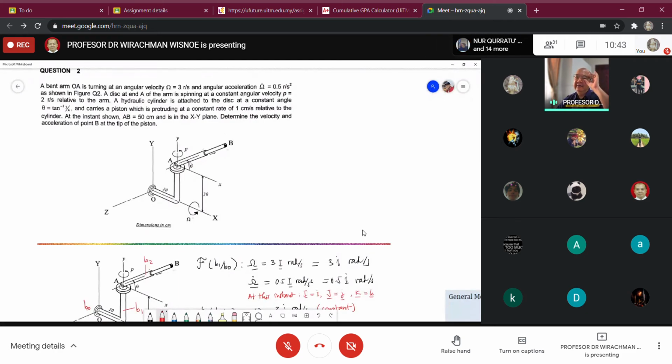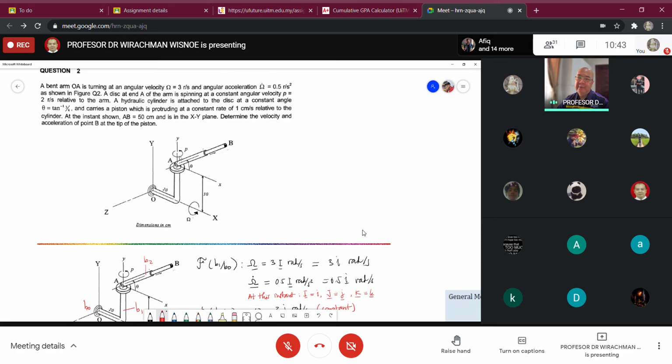And then if we read again, this P, which is directed positive Y according to the arrow here, right, is constant. Constant rate. Where? A constant angular velocity P, 2 radian per second.